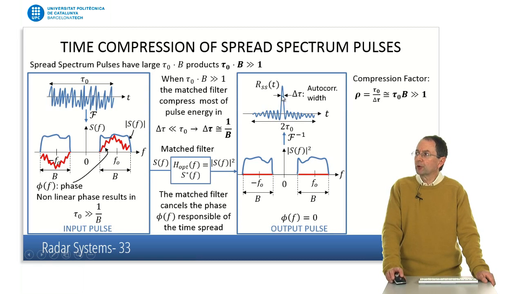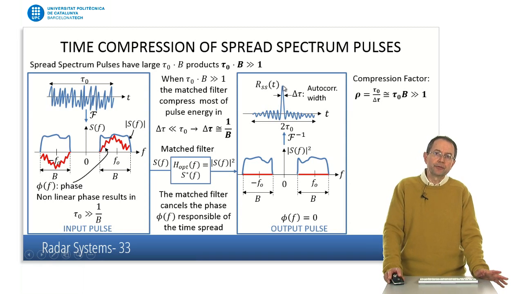When we look at the autocorrelation, most of the energy of the signal appears in a very short interval, delta tau is the duration of this interval, and this actually reflects a time compression. So we have a wide pulse here, a long pulse, and after the matched filter it results in a very short pulse. And the peak of the autocorrelation contains the whole energy.